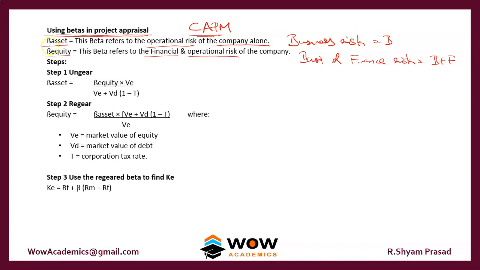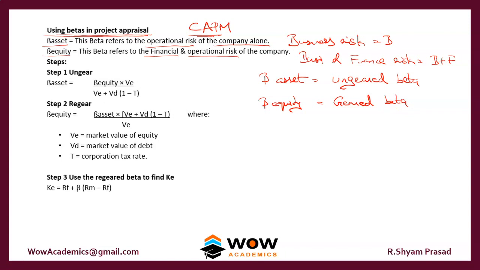So the asset beta is also called ungeared beta, and the equity beta is also called geared beta.